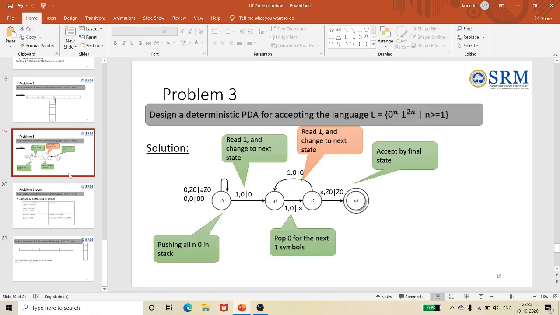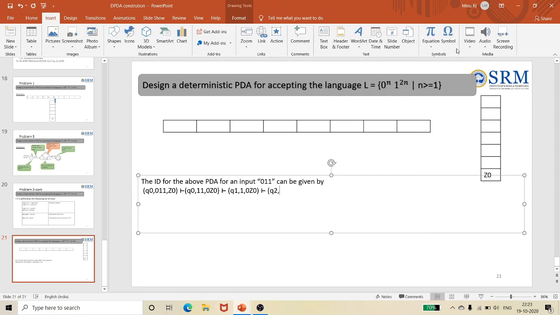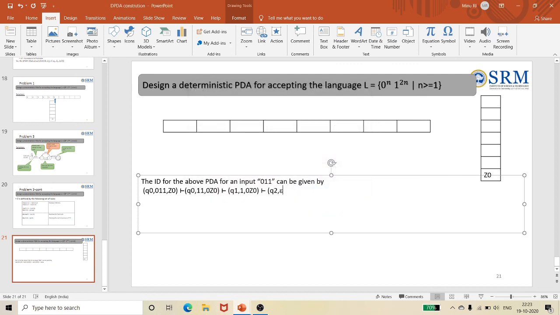So in the q1 state, if I am seeing a 1 and the top of the stack is 0, you pop it and go to q2 state. So I will be going to q2 state, and there is no input now, so my symbol is epsilon, and there also I have only Z0.